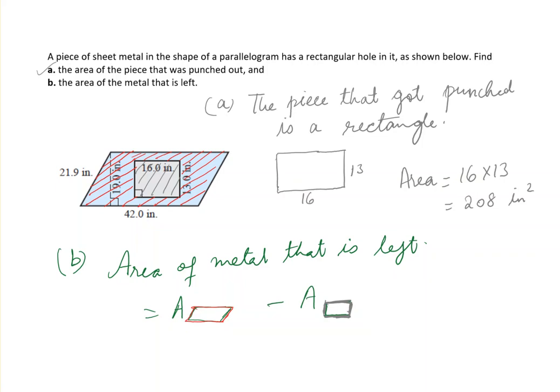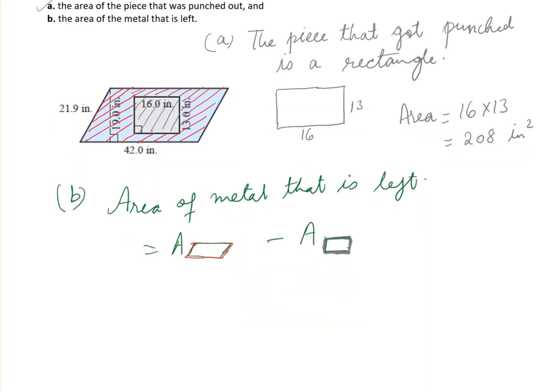So the area of the parallelogram in this case is B times H. The base is given to be 42 and the perpendicular height is 19 meters.